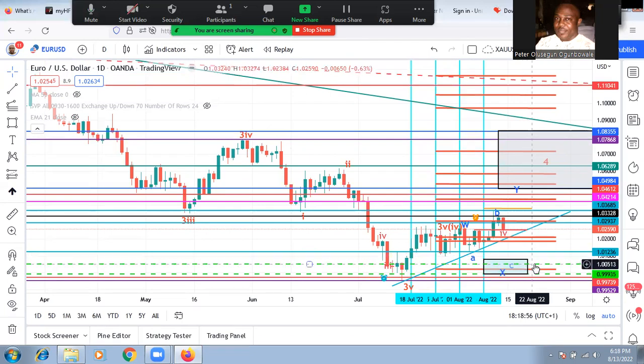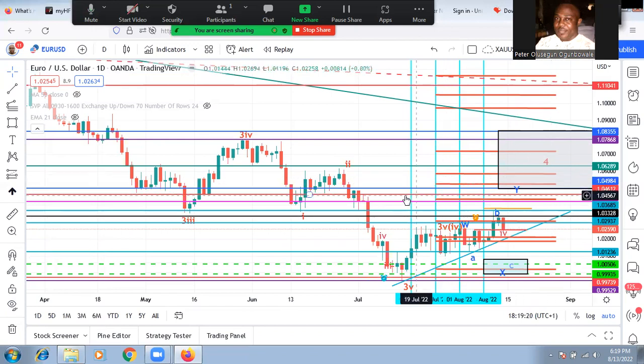That is the meaning. So let's see how this one goes. If we want to sell now, the level we can sell is here. That is where we should expect price to still pull towards for us to sell, and probably put a stop loss at the fringe. Of course, it has to be a very small lot size if you're going to do that.